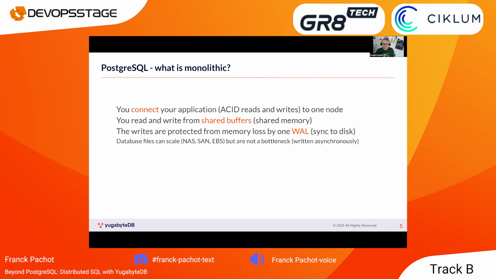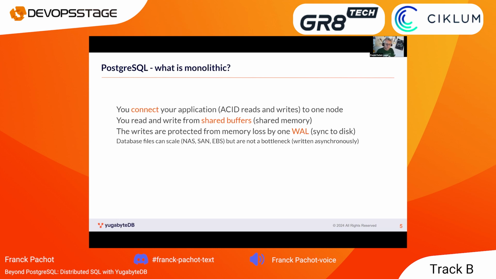And then the backend in this node will read and write not directly to the storage. It reads and writes to and from the shared buffer, the shared memory between the processes. And this also is monolithic because you are in a single node. You cannot share the memory with multiple servers on the network.